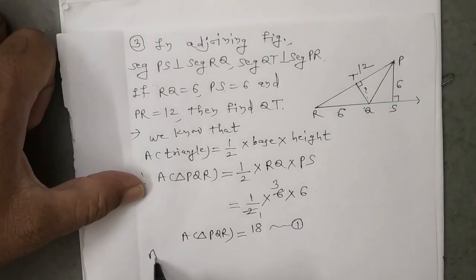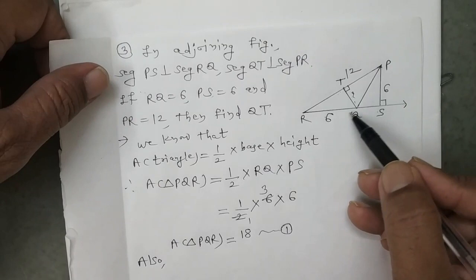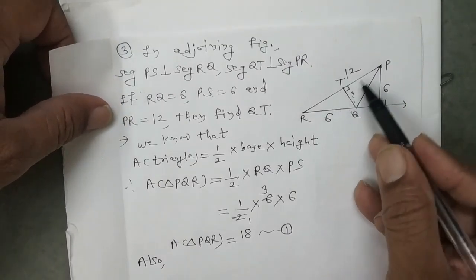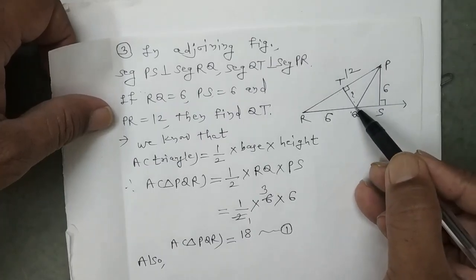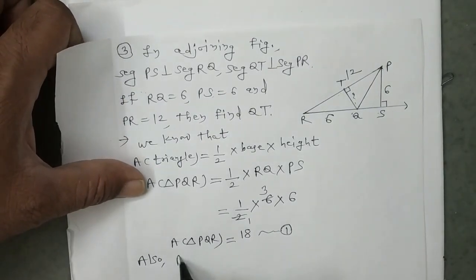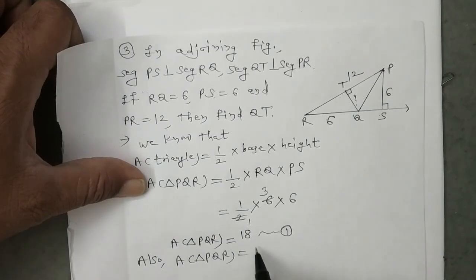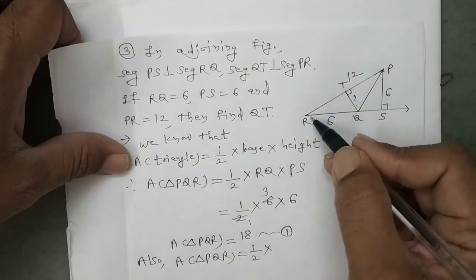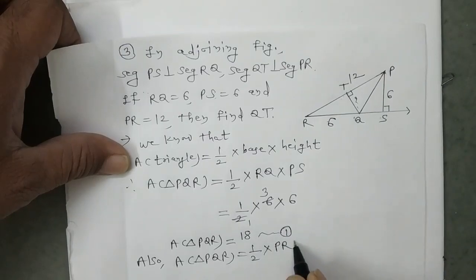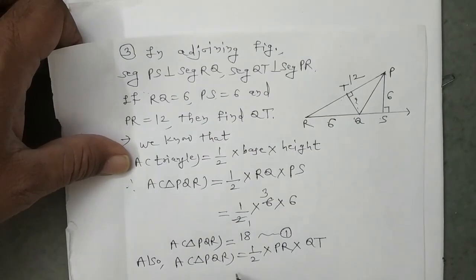Also, now we can write area of triangle PQR in the form of base 1 upon 2 base PR into height QT. That is, also area of triangle PQR is equal to 1 upon 2 into, now here we consider base PR into height is QT, is equal to 1 upon 2.